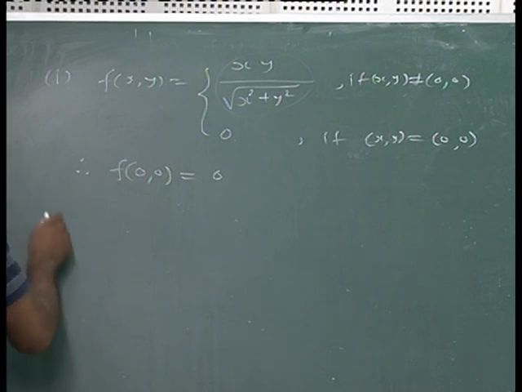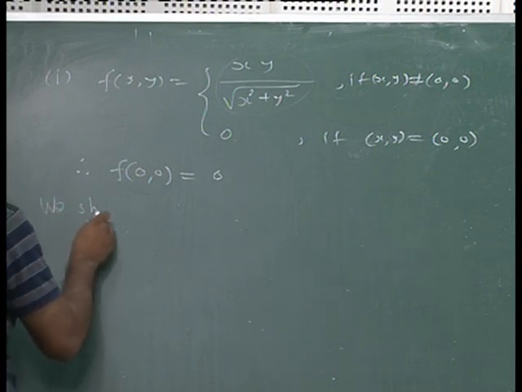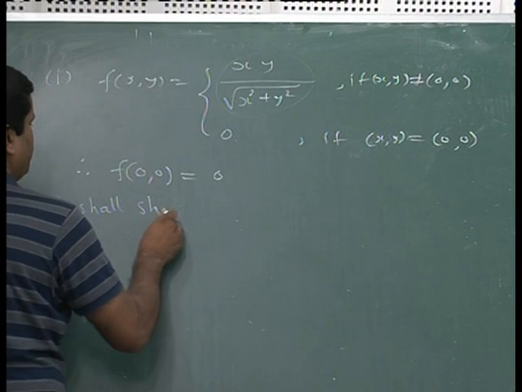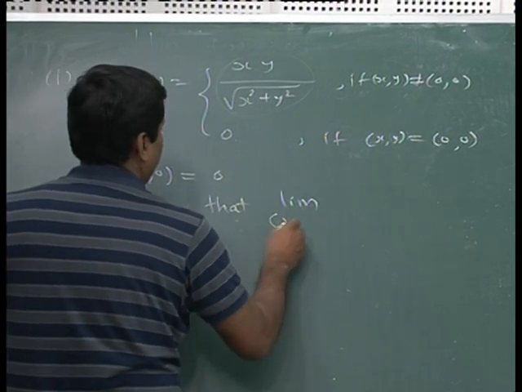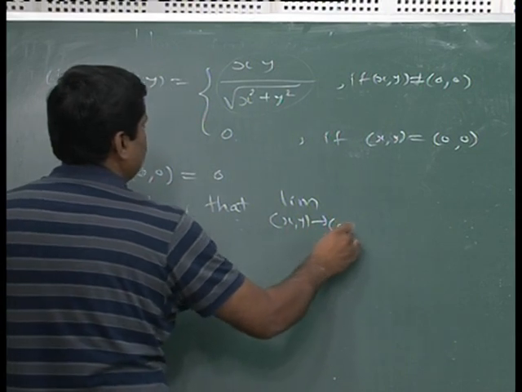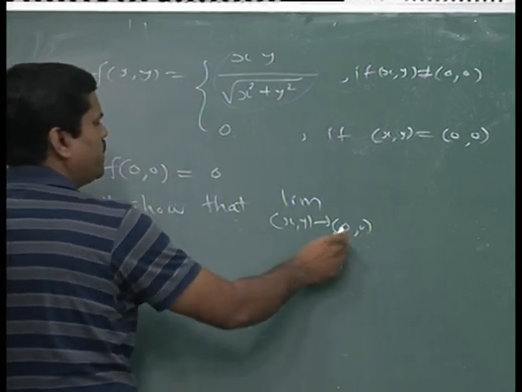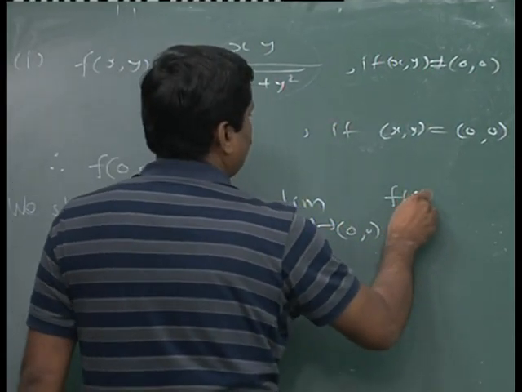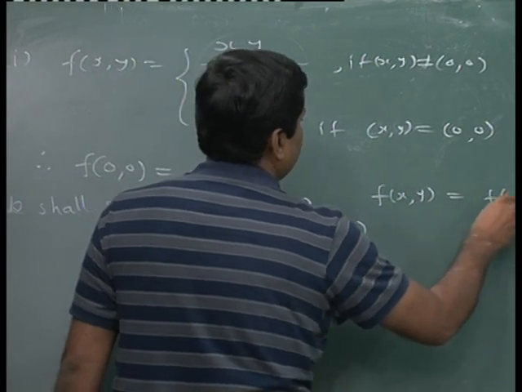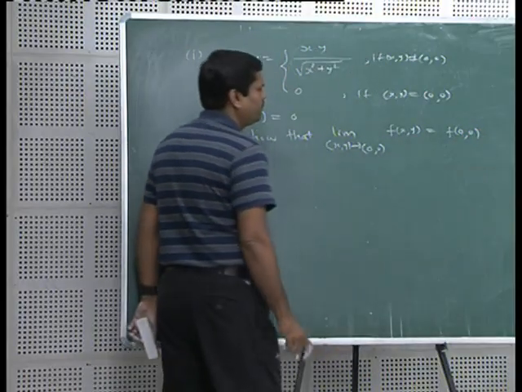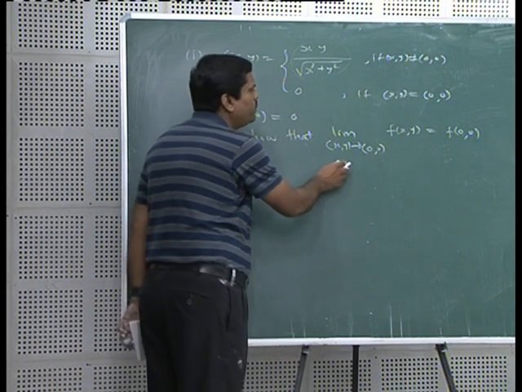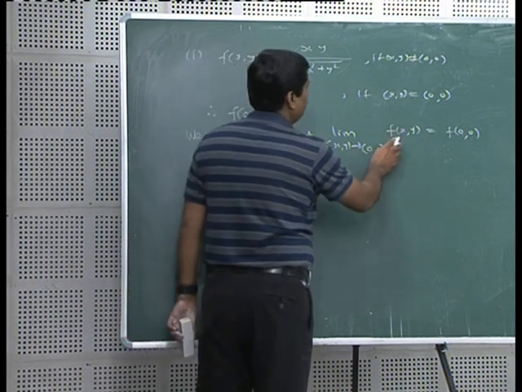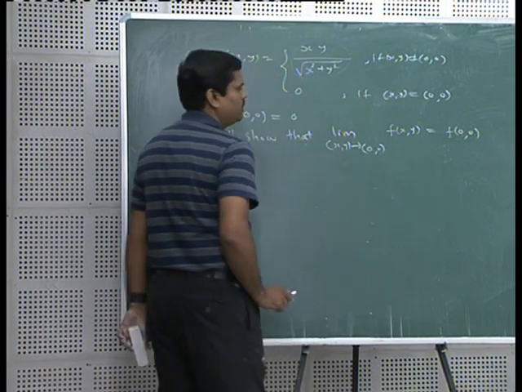Now, what I will prove is this: we shall show that the limit as (x, y) tends to (0, 0), because we want to discuss continuity at (0, 0), of f(x, y) is the same as f(0, 0). If this is proved, then by our definition of continuity, we say that this function f is continuous at the point (0, 0).